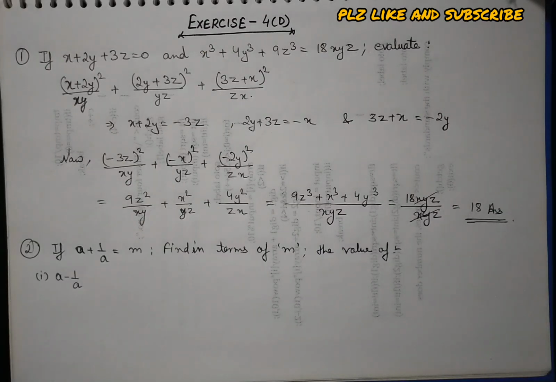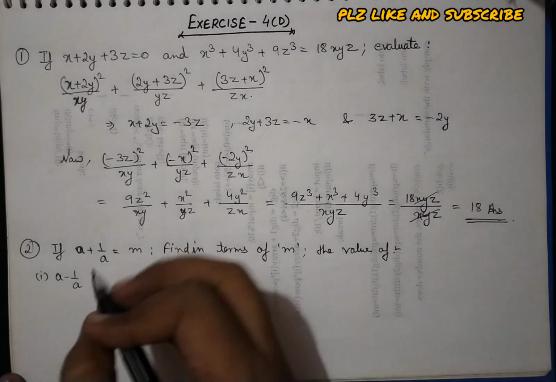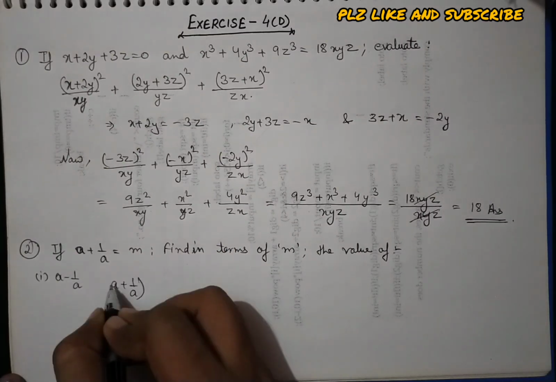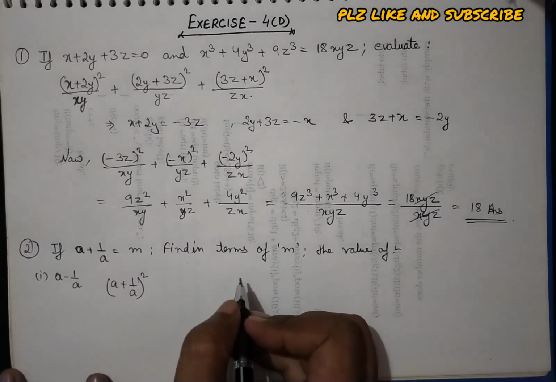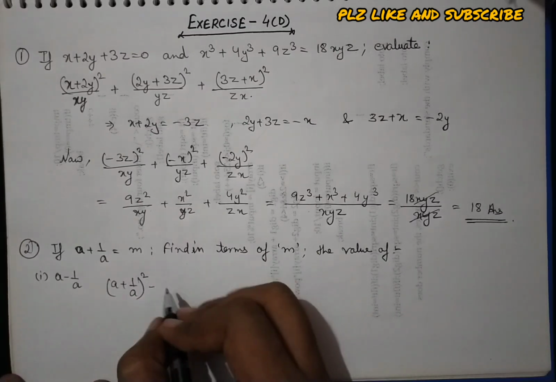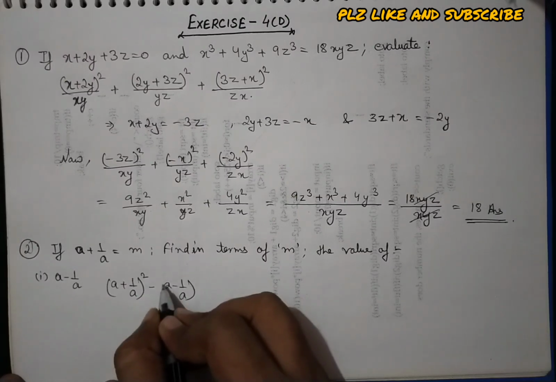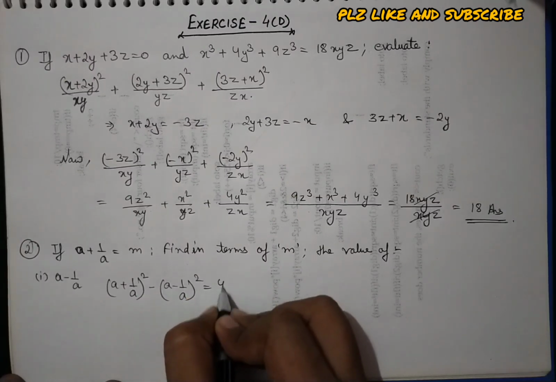Here we are given the value of a plus 1 upon a equals m, and we have to find the value of a minus 1 upon a in terms of m only. For that we are going to use the identity which we did earlier also, that is (a plus 1 upon a) whole square minus (a minus 1 upon a) whole square equals 4.